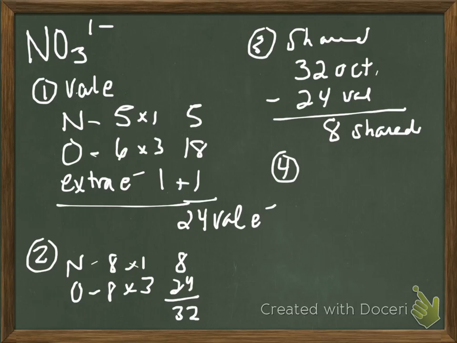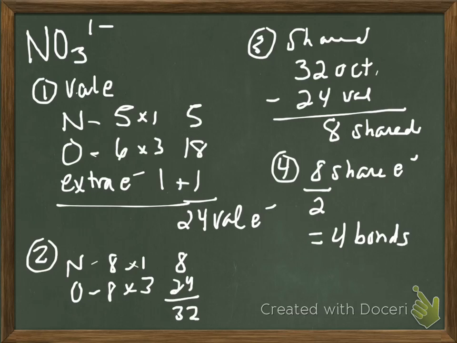Step 4, and step 5. How many unshared pairs do we have?